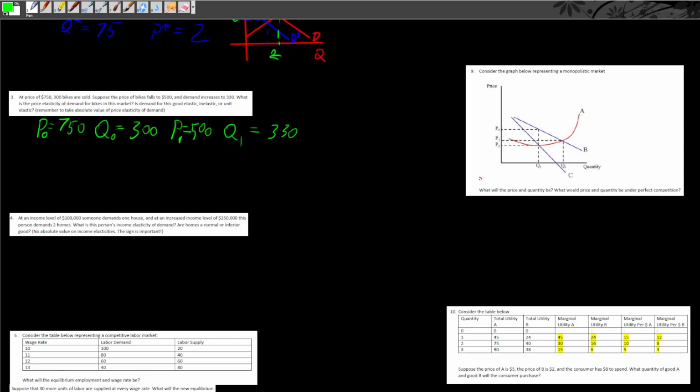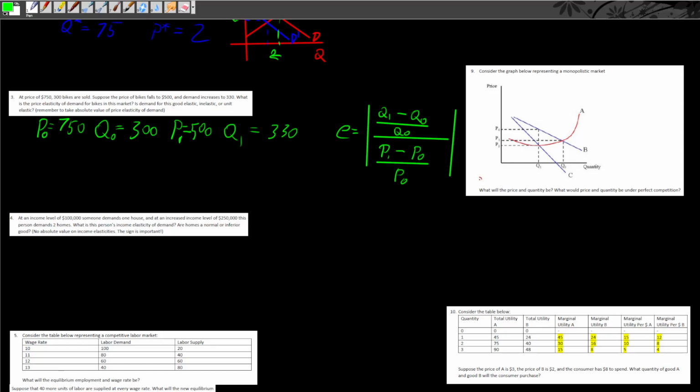So just to remind you, the equation for price elasticity of demand is the absolute value of Q1 minus Q0 over Q0, and then P1 minus P0 all over P0.